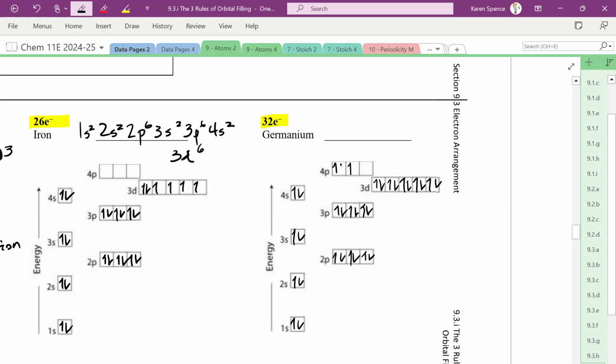And if I were feeling lazy about germanium, and I didn't want to write out the whole thing because that's starting to look really big and long and awful, what could I do instead? I could use the noble gas configuration.